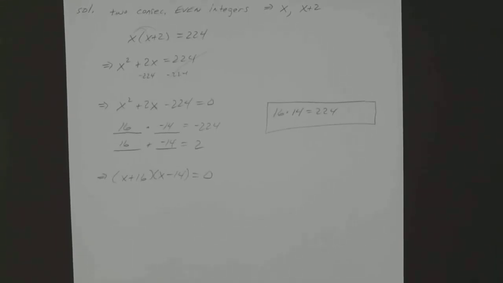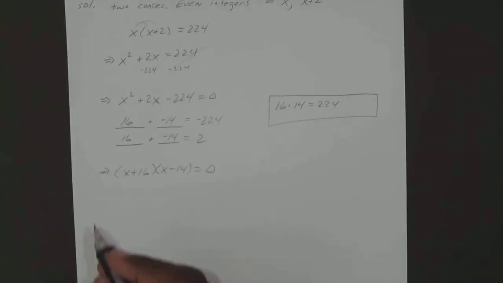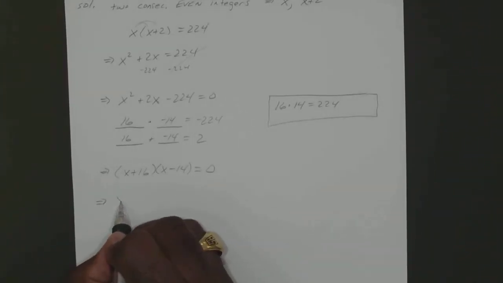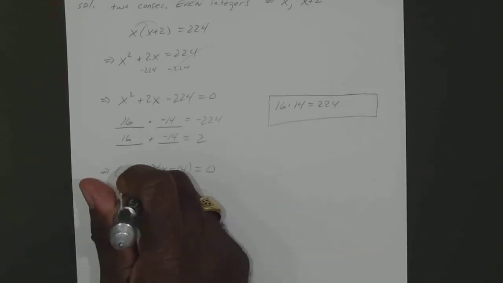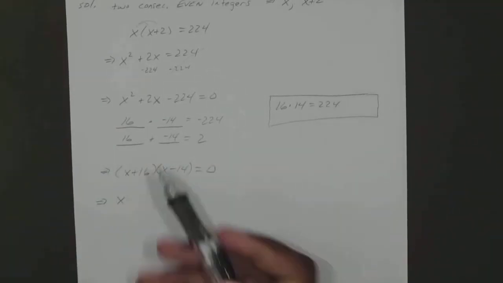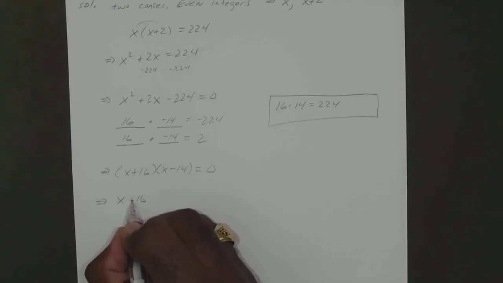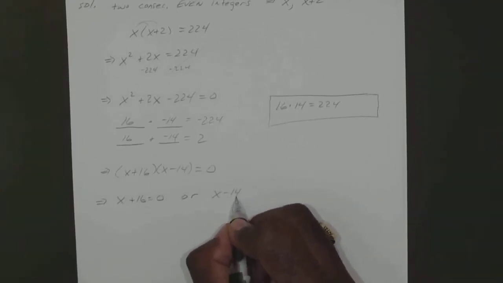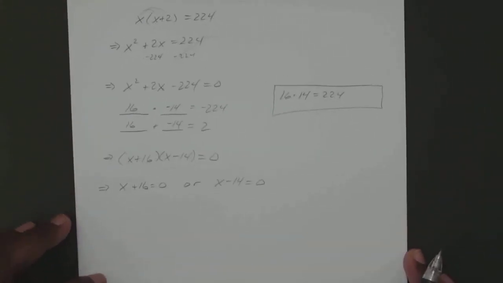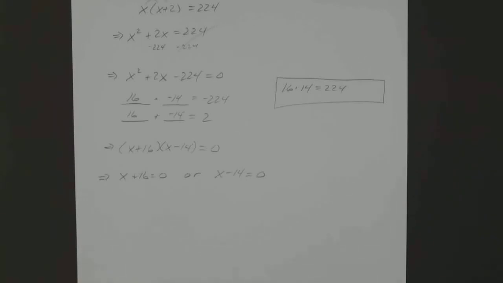Okay, so now we just set both of those equal to 0. Meaning x plus 16 equals 0, or x minus 14 equals 0.